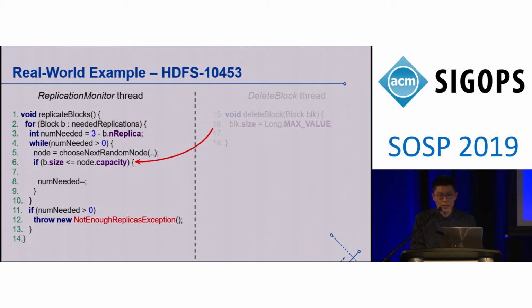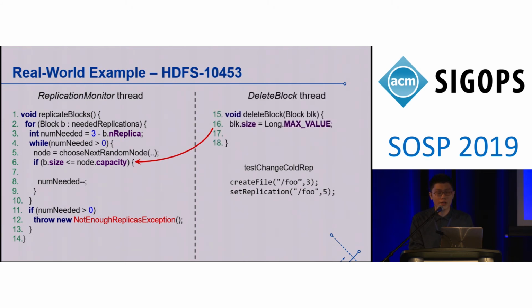Then, Charax starts with the replication monitor thread that contains a symptom, and it finds there's a unit test that exercises this replication monitor thread. It's called test change code rep. This test creates a file with 3 replicas, and then increases the replication factor to 5, so that HDFS can replicate it.